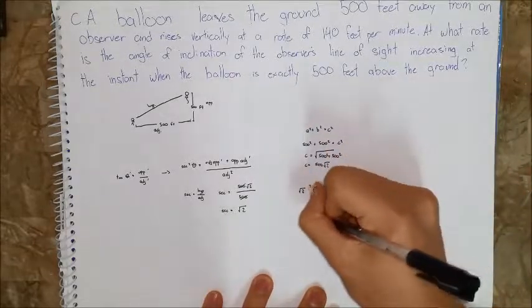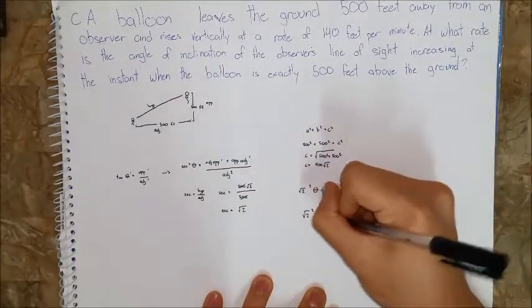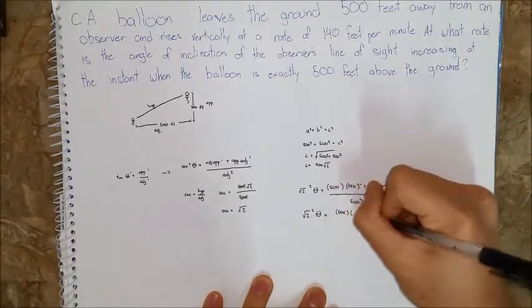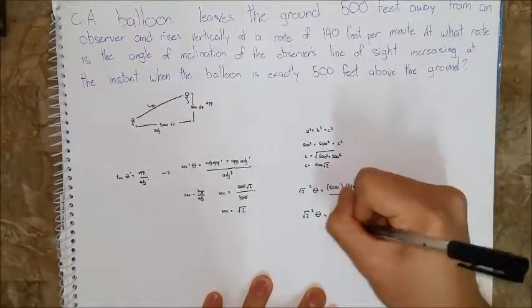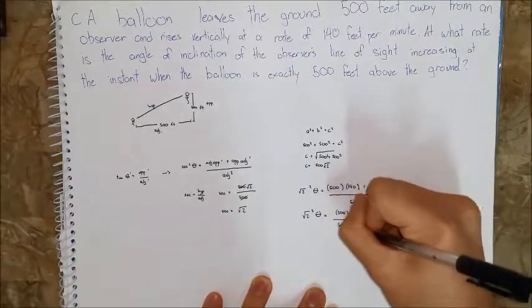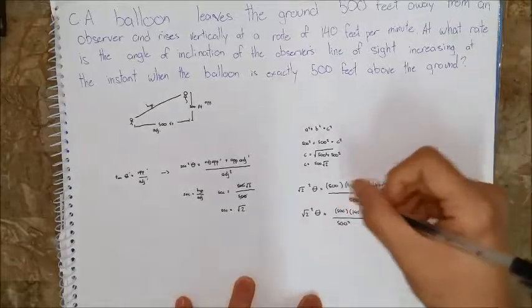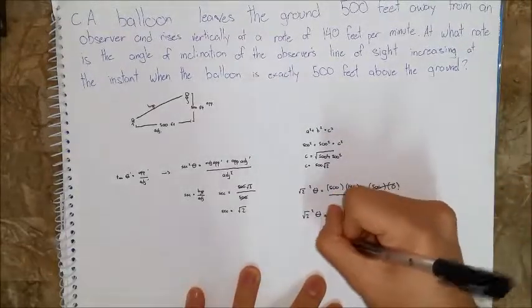So here we can just cancel this out since it becomes 0. We are left with secant squared theta equals 140 over 500 squared.